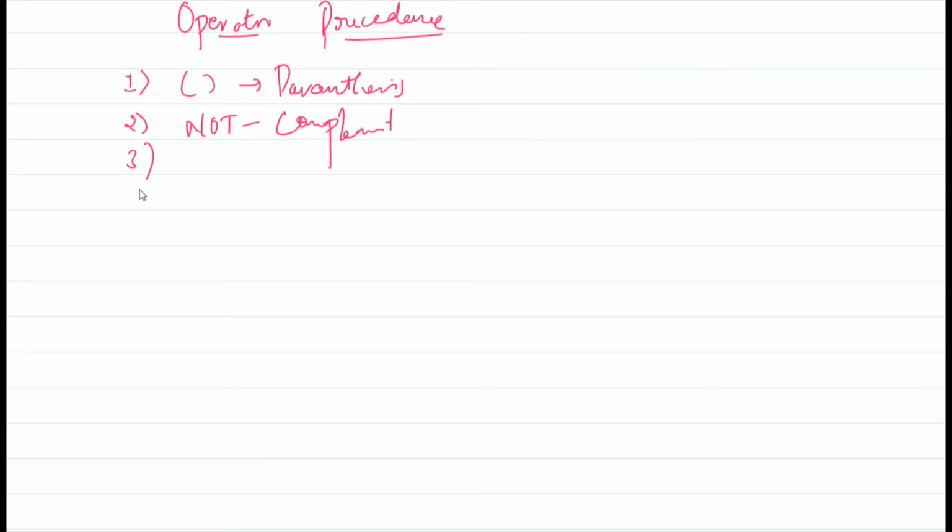And later, if any ANDing operation is there, then do that operation after the NOT operation. The last one is OR. For example, if the expression does not consist of any parenthesis or NOT, directly you can do AND, OR, like that, right?